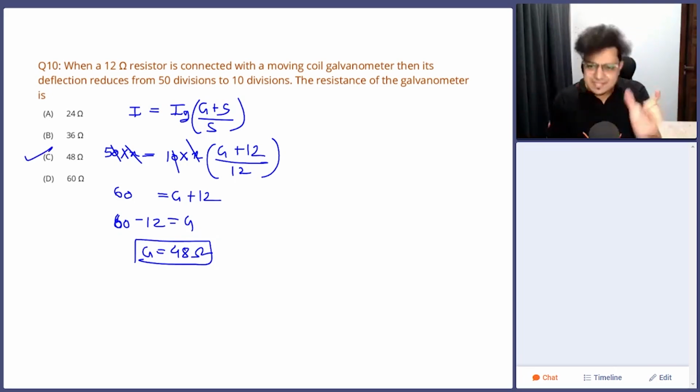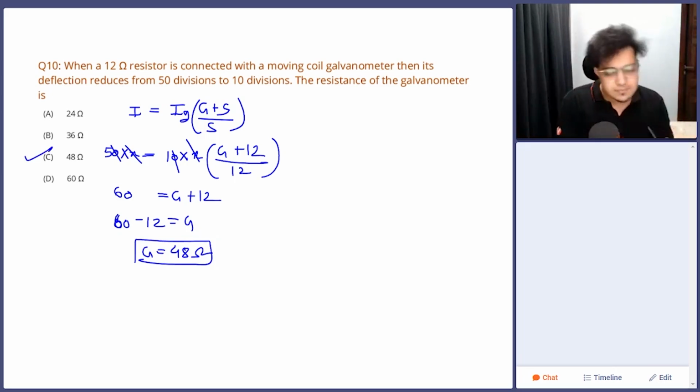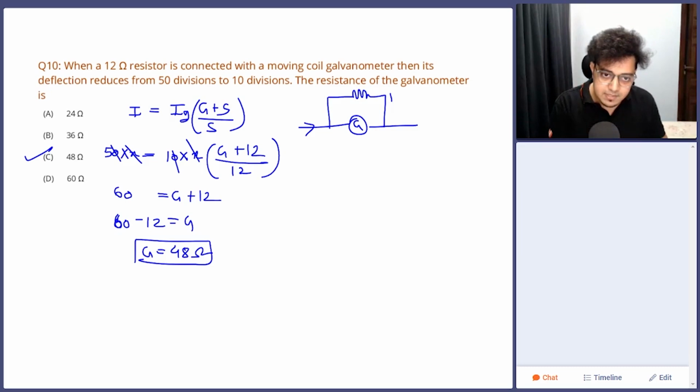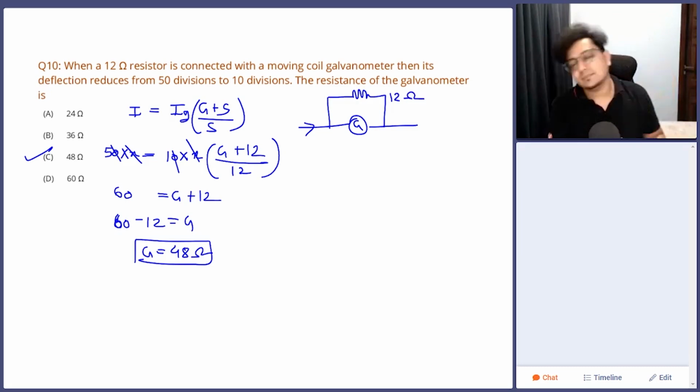So there is a little ambiguity in the question, but it is clear if you assume it to be converted into an ammeter by putting a resistance in parallel combination. This was your original galvanometer, and the deflection was 50 divisions when the main current was passing, and then you put a 12 ohm resistance in parallel combination, because of which divisions drop to 10. Clear?